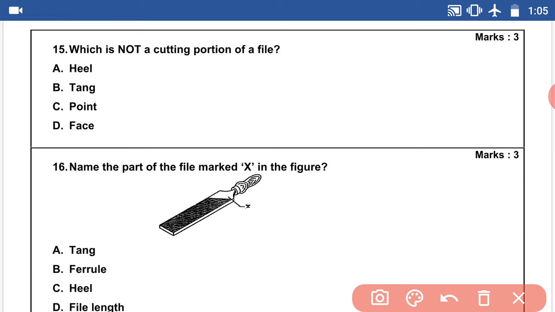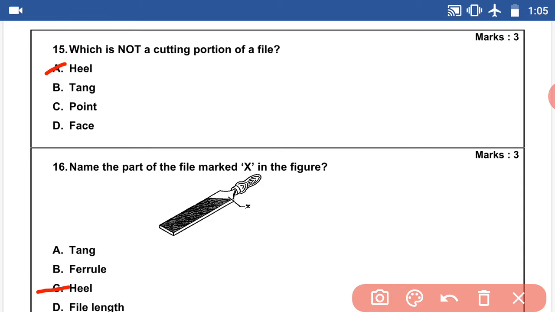Heel, Option A. Question number 16. Name the part of the file marked X in the figure. Questions 15 and 16 are the same. Marked X in the figure is heel. Option C is correct.